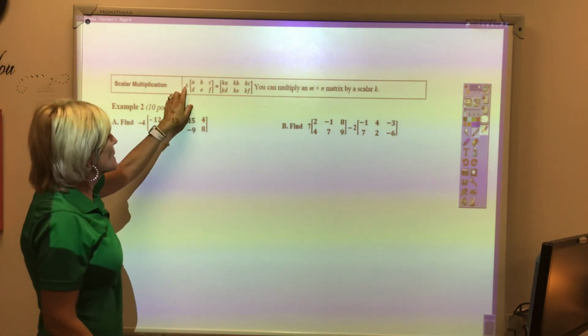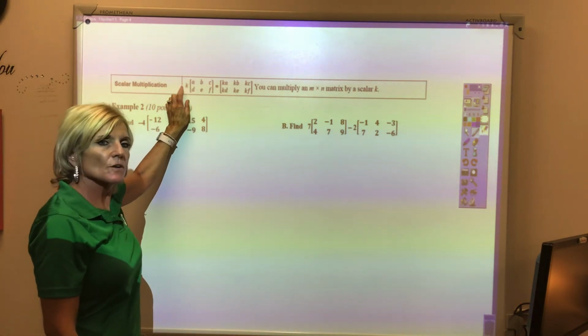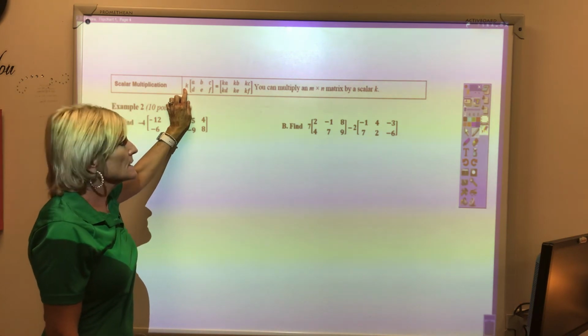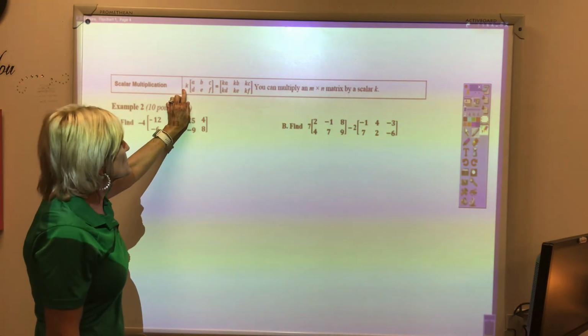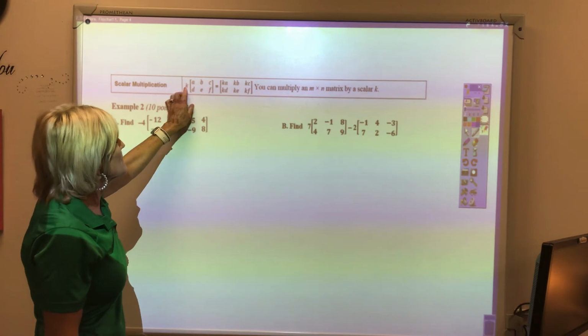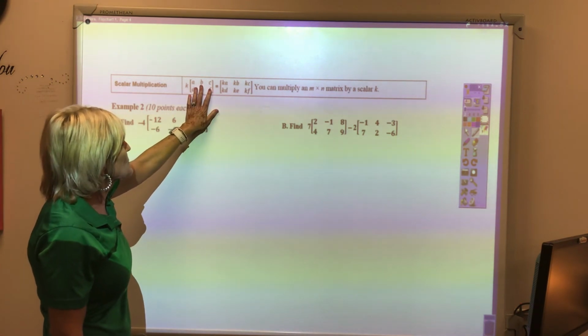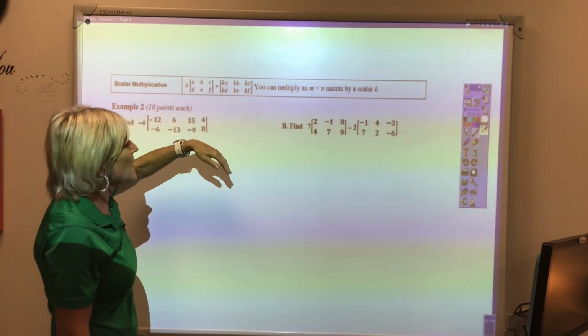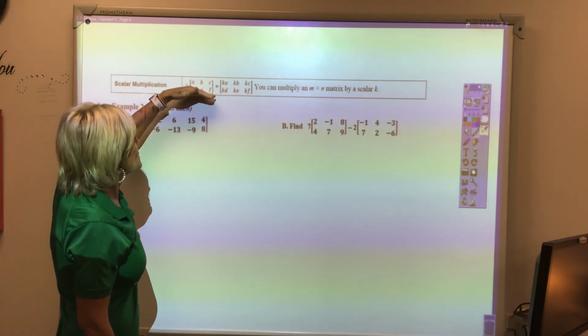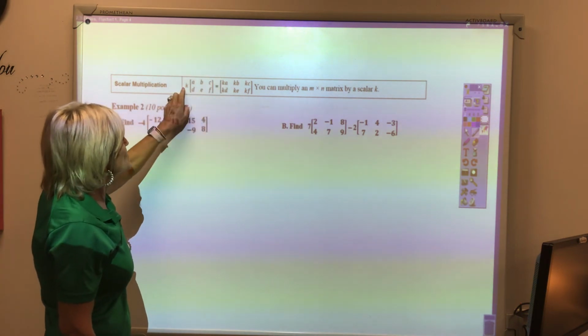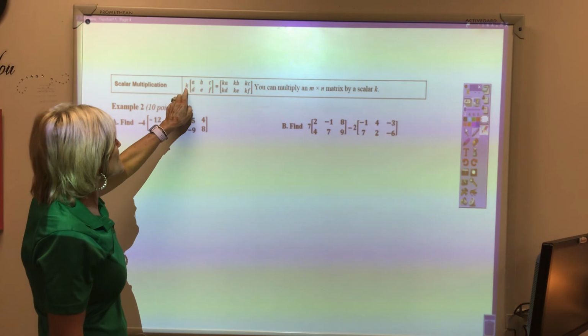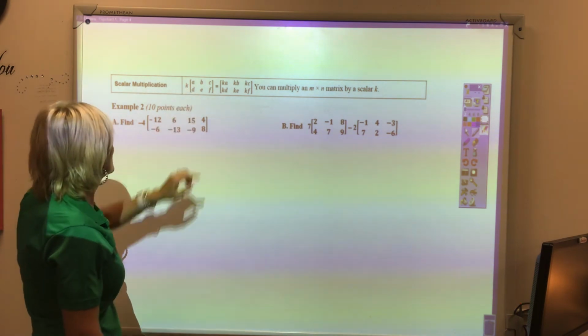If you've got a number out front of a matrix, this is called a scalar. And what we do is we multiply the matrix, and we're calling it M by N. I would say R by C, rows by columns. But each term or element in the matrix gets multiplied by the scalar.